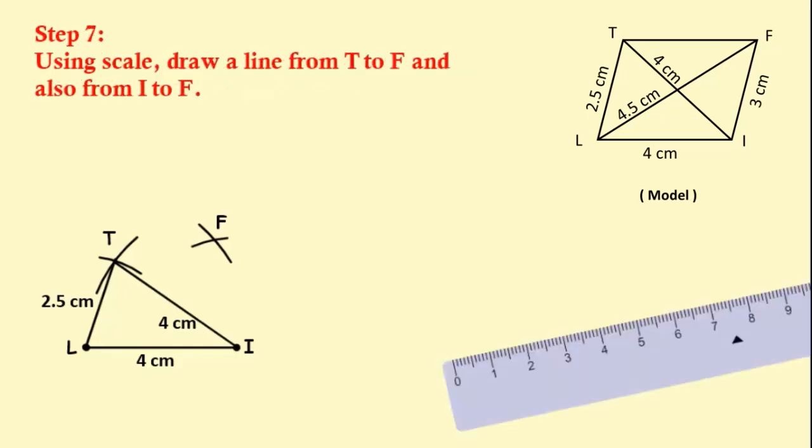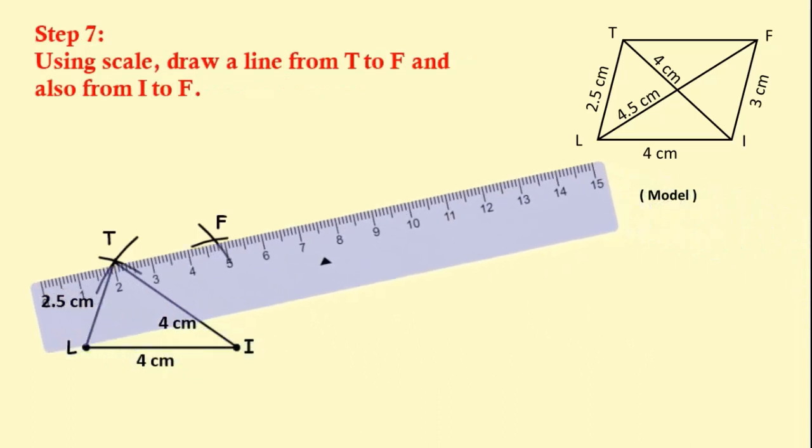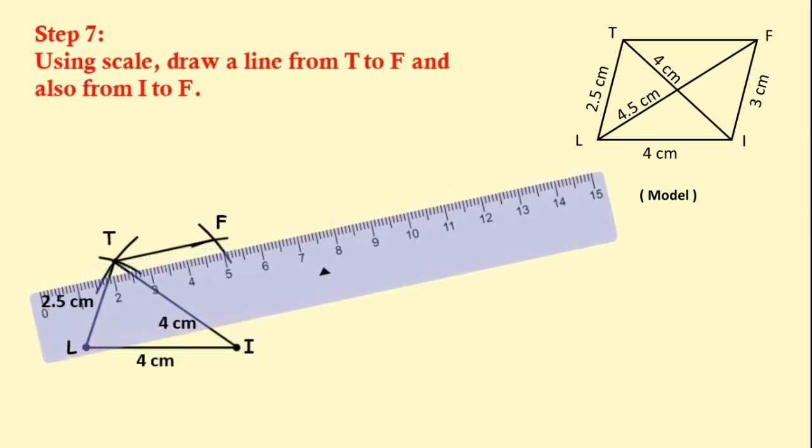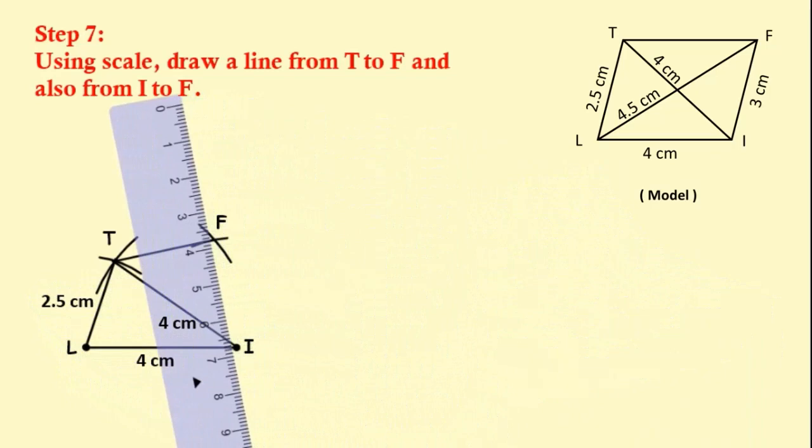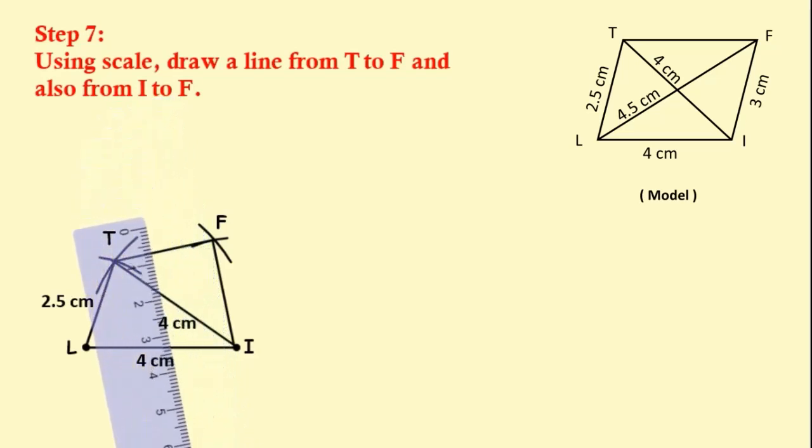In the seventh step, we draw a straight line between the points T and F, and also from I to F. Now we write the length of IF, which is 3 centimeter.